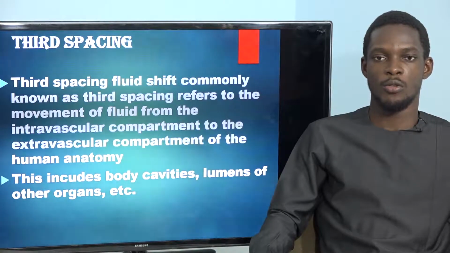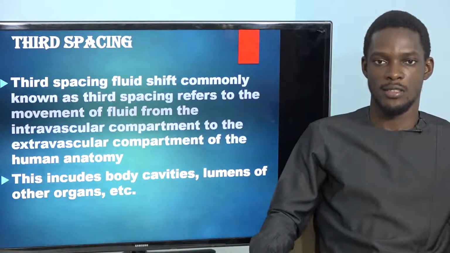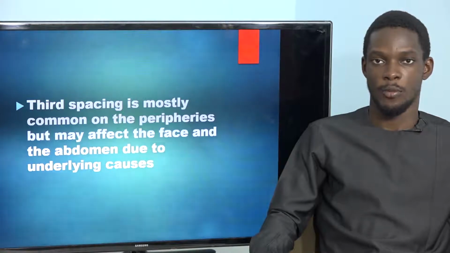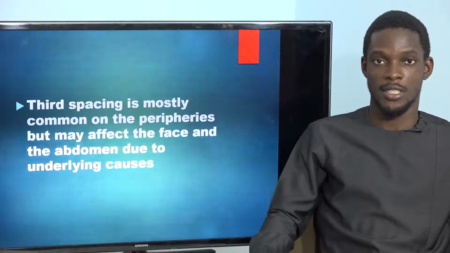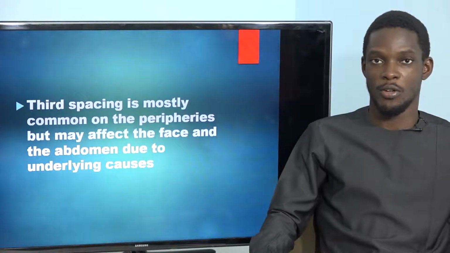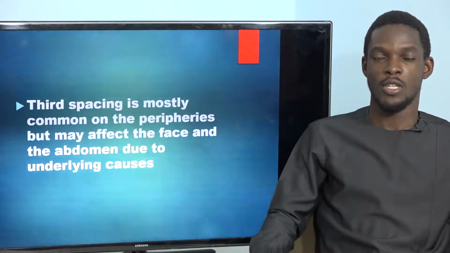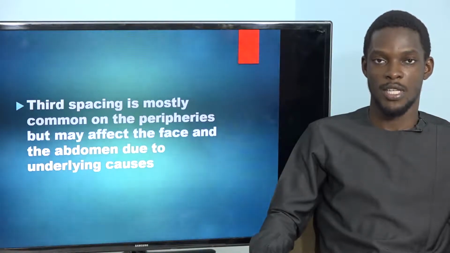These spaces include lumens of other organs, body cavities, etc. Third spacing is mostly common at peripheries, but may occur in any cavity of the body. So third spacing may occur on the feet and on the hands, or on the skin surface most commonly, but may occur anywhere within a body organ or within a lumen, as long as there is space for fluid to leak into.